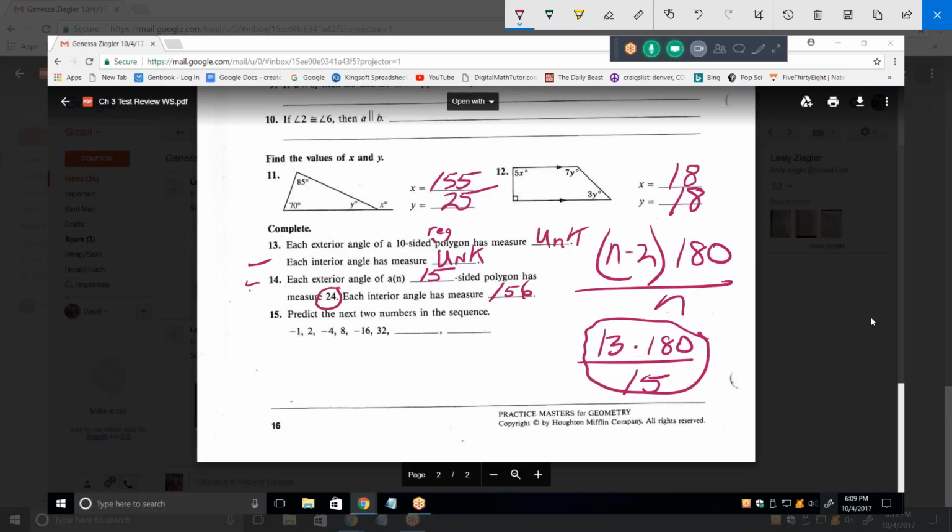So what's the next term? First of all, is this arithmetic or geometric? Geometric. Okay. What's the common multiplier? What's R? R is the common ratio. That's what it's called.